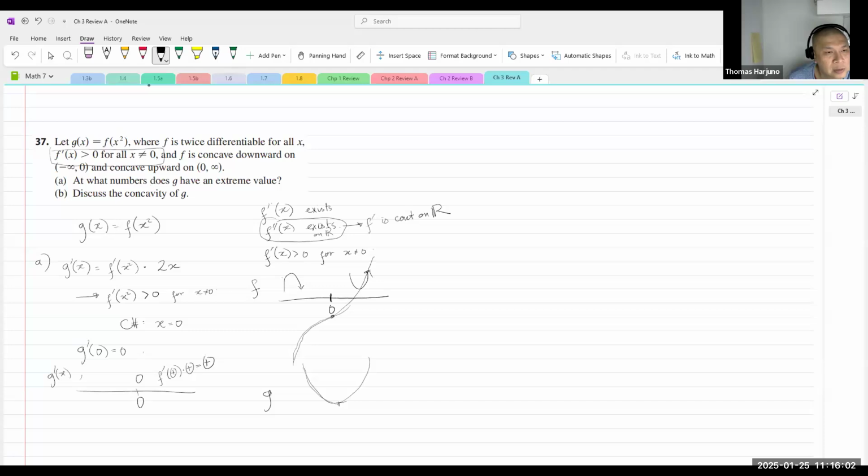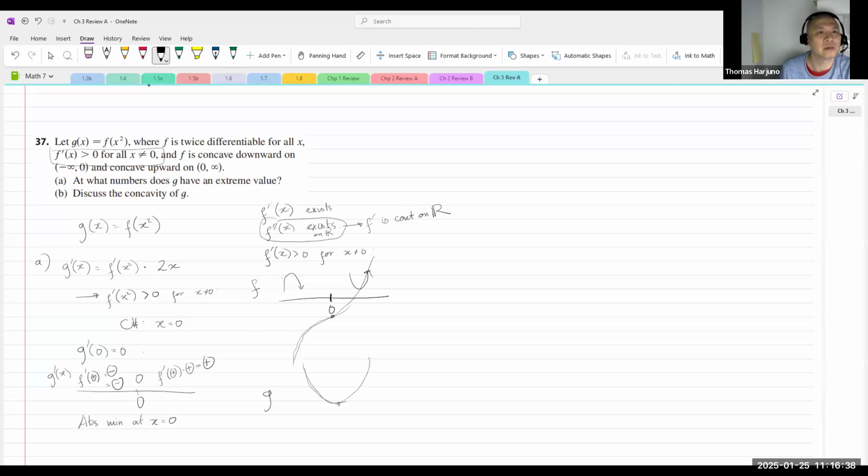And on the left hand side, if x is negative, x squared will be positive, times 2 times a negative number, so this will be negative. So the slope is negative on the left hand side and positive on the right hand side. So this will be an absolute minimum at x equals 0.